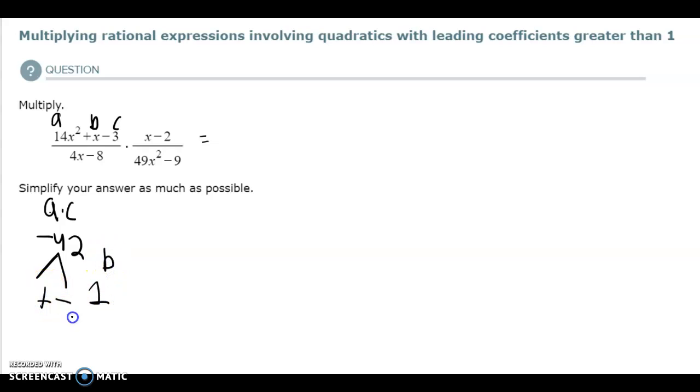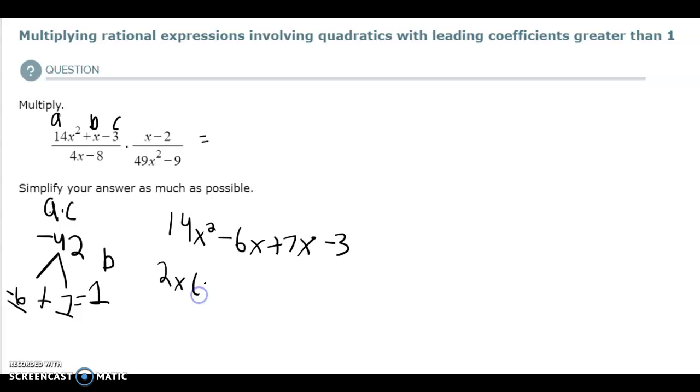So I want two numbers that multiply to negative 42 but add to positive 1, and that's going to be negative 6 and 7. So then I'd have 14x squared minus 6x plus 7x minus 3. I can pull out a 2 and an x from this first one, and I end up with a 7x minus 3.